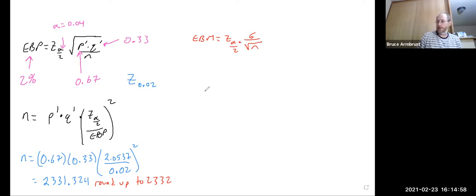So like that's what we were using when we did our confidence intervals, right? So again, we're solving for n. And so n is going to equal z of alpha over 2 times sigma divided by our error bound maximum, squared.